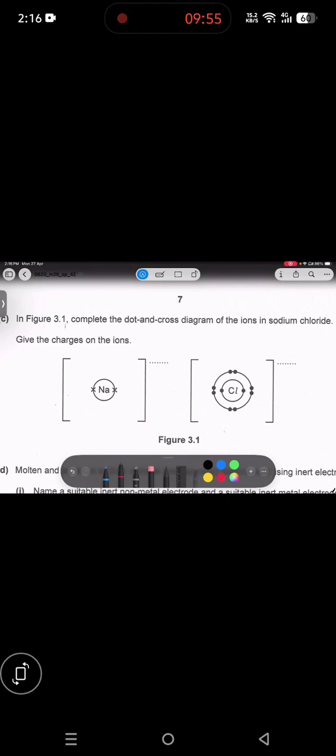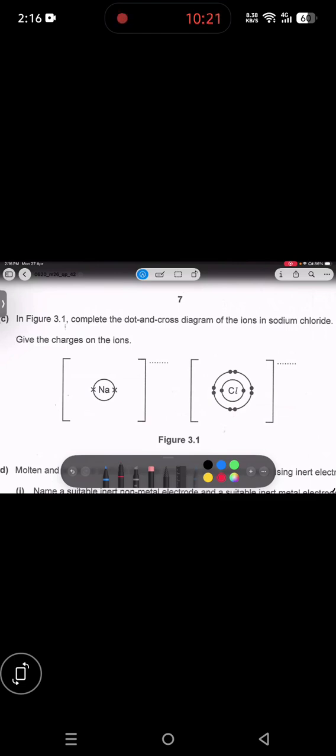Here they have already assigned that the sodium is with the cross and the chlorine is with the dot. Sometimes students make their own choice: for chlorine they make the outer shell with crosses, and for sodium the outer shell with dots, which is wrong here.